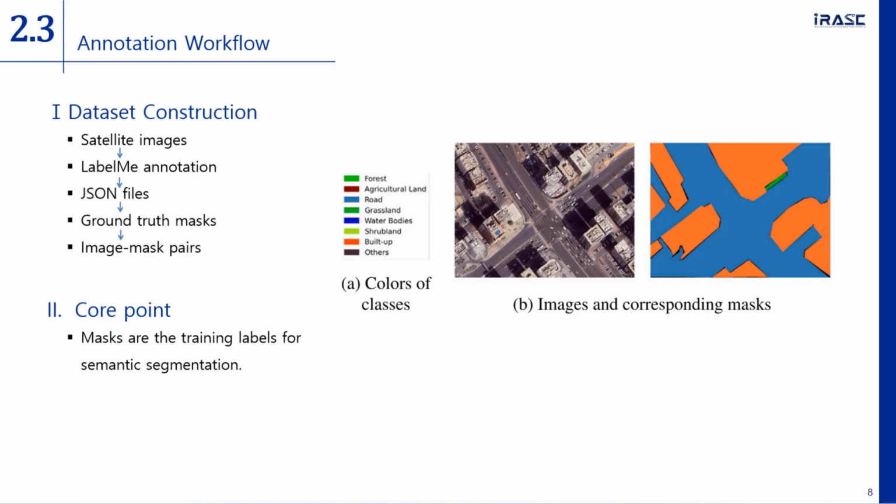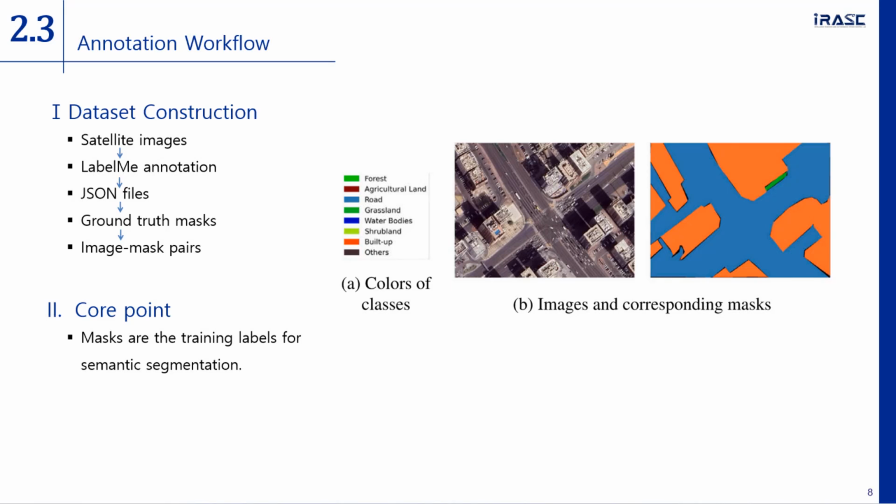After annotation, LabelMe generates JSON annotation files. These files record the polygon coordinates and class names. However, deep learning models usually can't directly use JSON files for training, so the authors used Python scripts to convert the JSON files into ground truth masks.